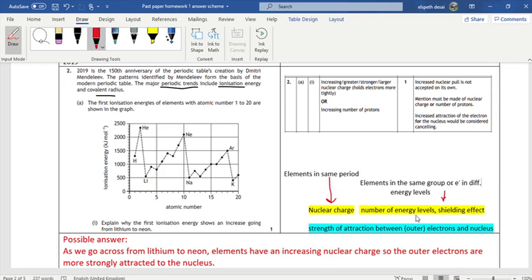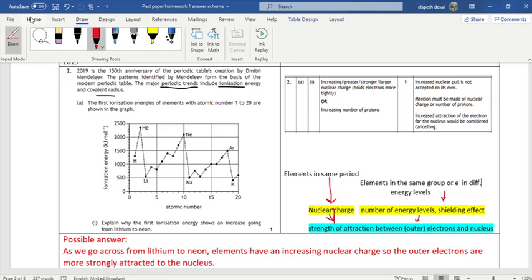And once you've thought about which one of these you're talking about, you can then also link it to the strength of attraction between the electrons and the nucleus. What you want to be sure of is that you are clear about which electrons you're talking about, whether the outer electrons, or electrons in a particular shell.